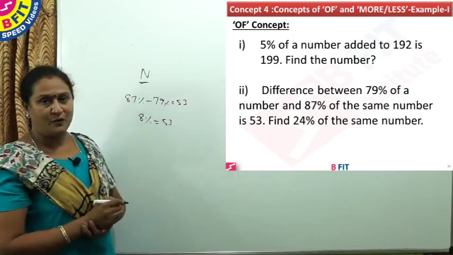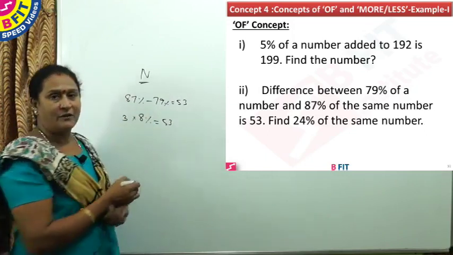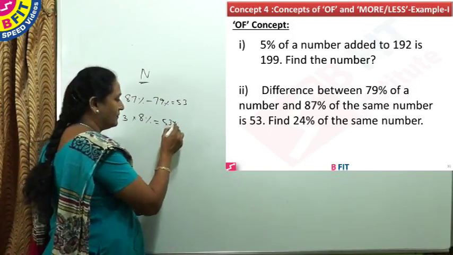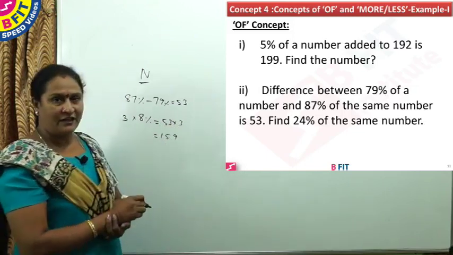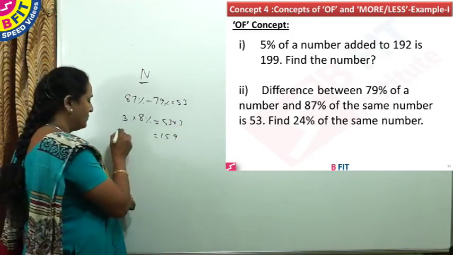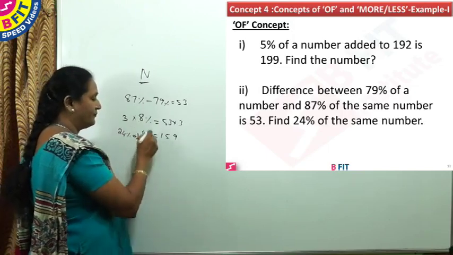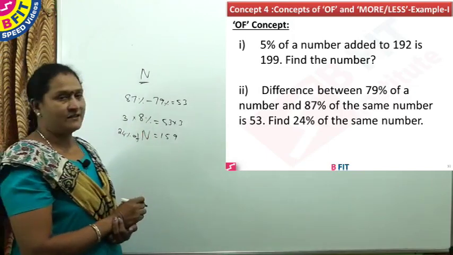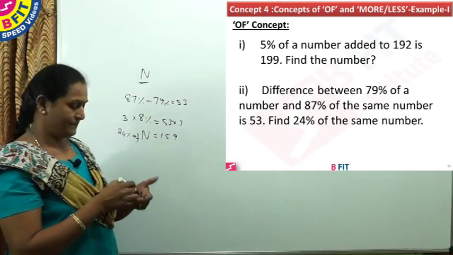And we need 24%. How can you get 24 from 8? Into 3. So 159 is the required answer. But 159 is 24% of the number n. So the answer is 159. So we'll see the next question.